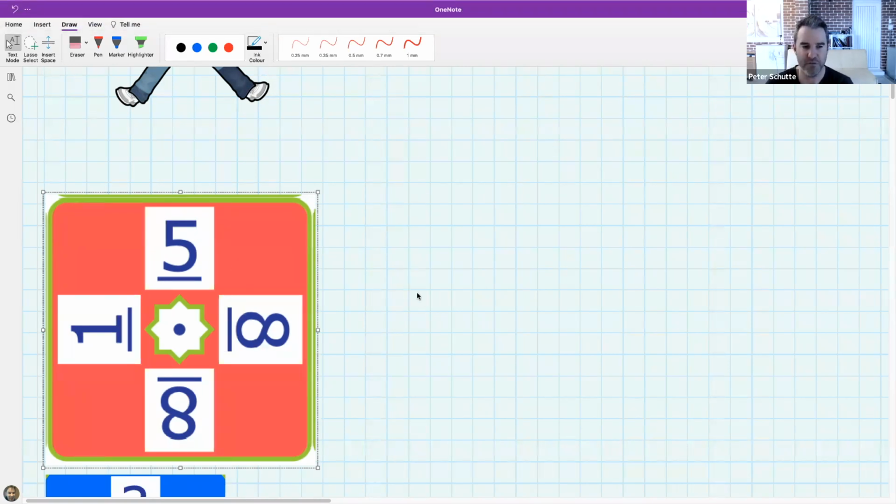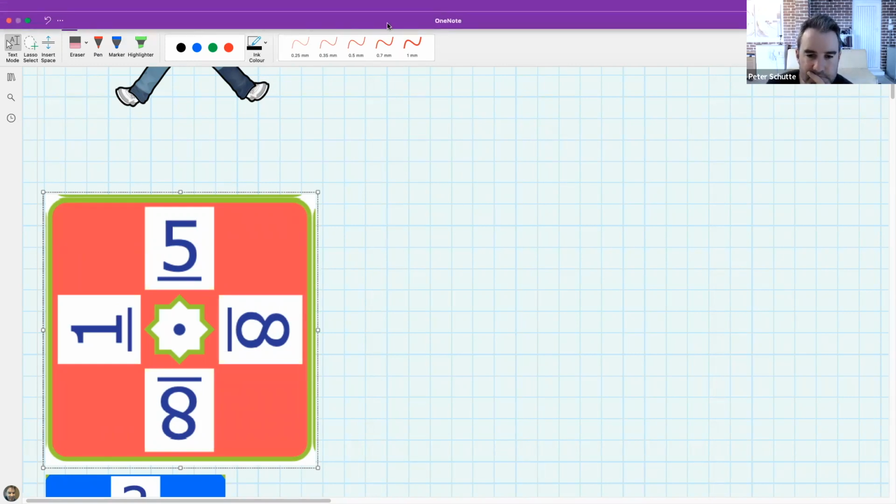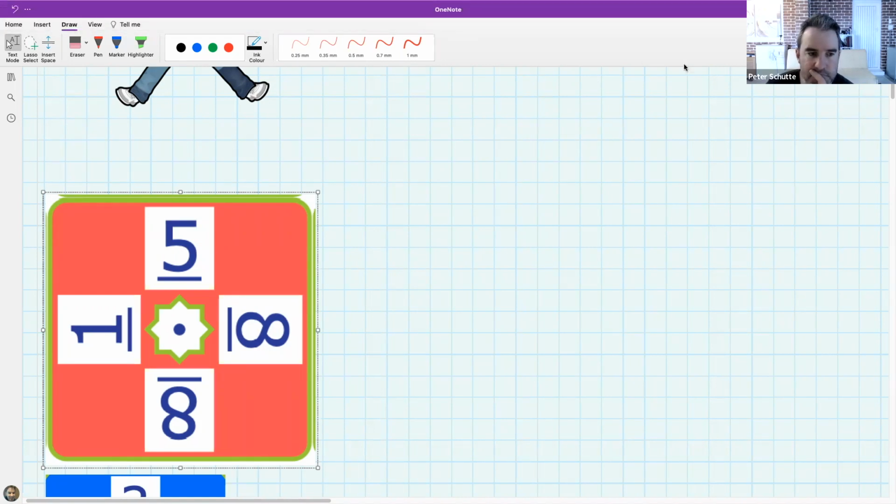So using 5, 1, 8, and 8, how can we get to 24? Who's got some ideas? I'll give you a hint.